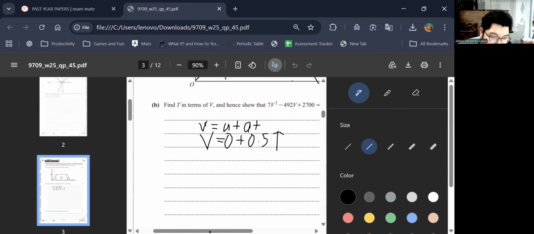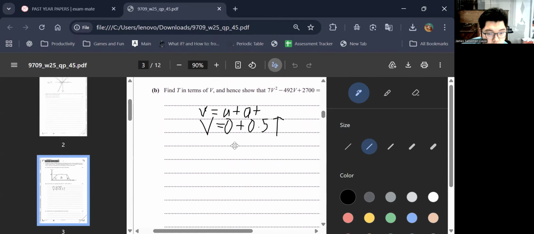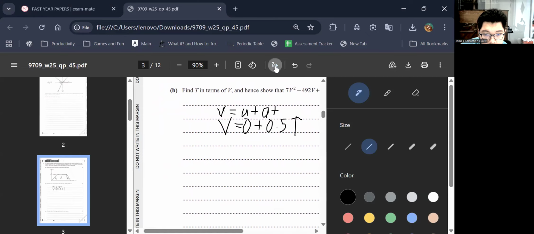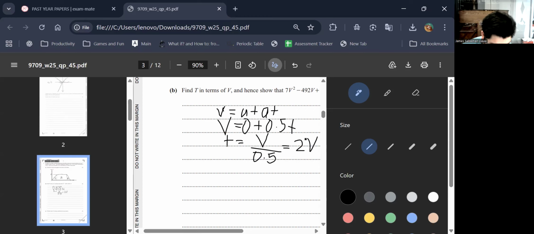To find t, the time taken is V divided by 0.5, which gives 2V. That's something for the first part.